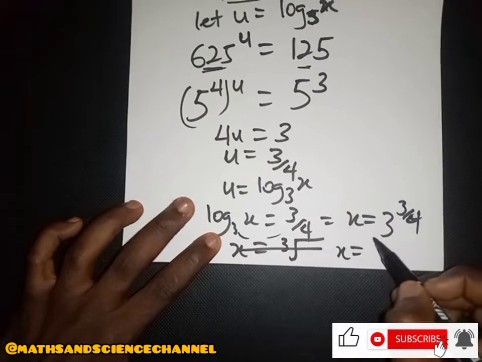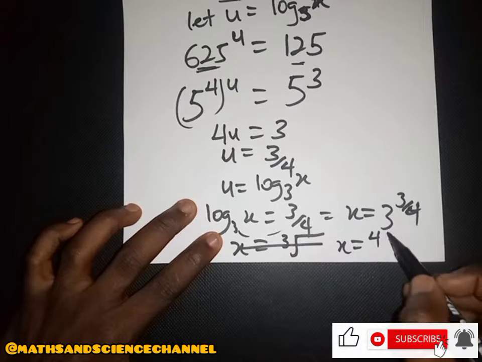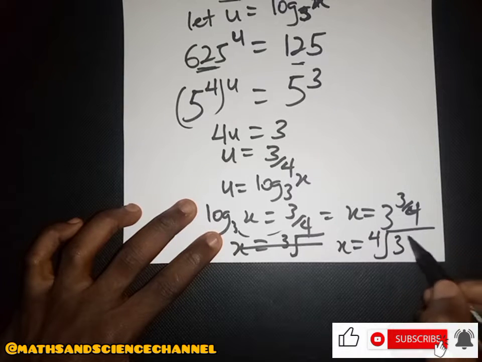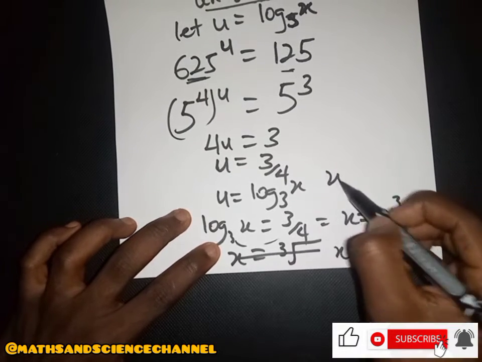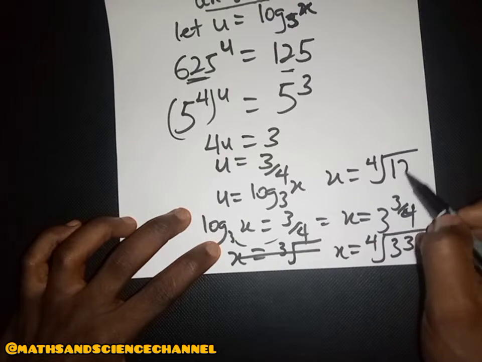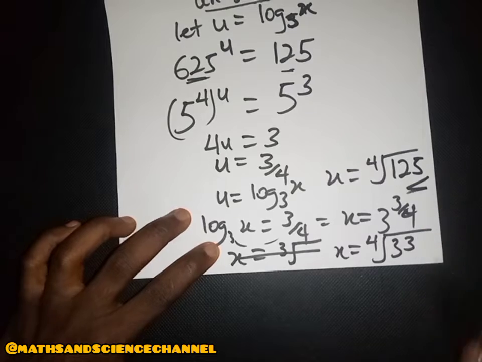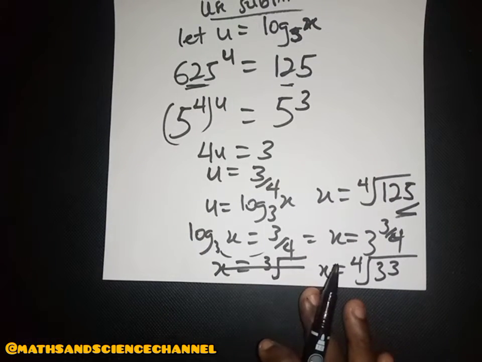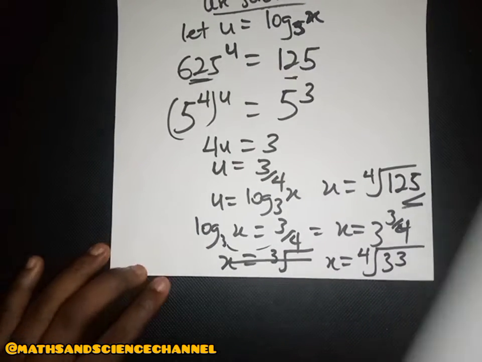So x will be equal to 5 to the power 3 over 4, which is the fourth root of 5 cubed, and also x will be equal to the fourth root of 125 in this case. So that will be x. Now let's look at the second method.